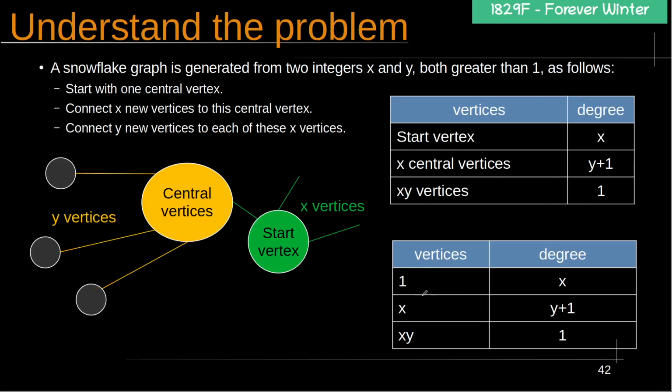So we can get this table. We have one vertex of degree x, we have x vertices of degree y plus 1, each one, and we have xy vertices of degree 1, each one.